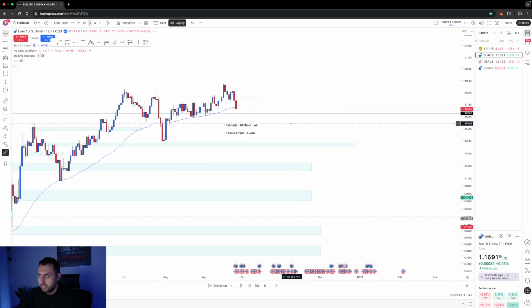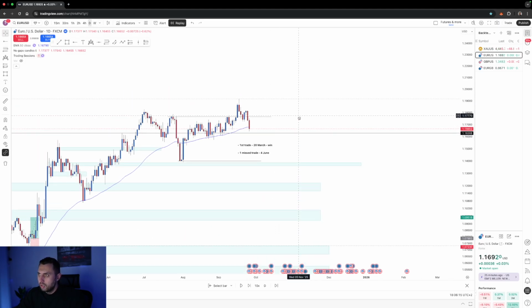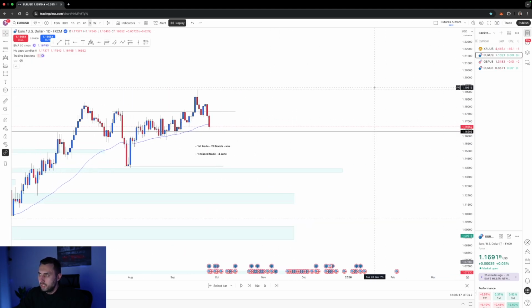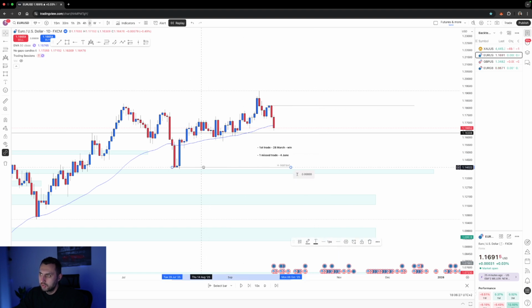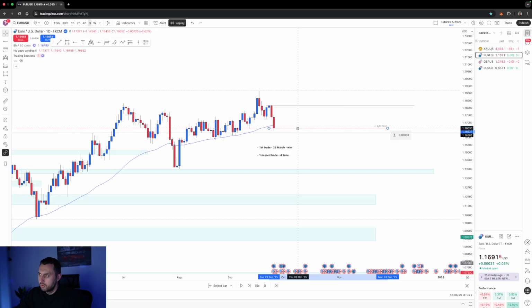Let's see on the daily. On the daily, we can see something that we didn't see earlier. This is a head and shoulders, and the price is basically bearish right now. So let me show you. This is the left shoulder, this is the head, and this is the right shoulder.